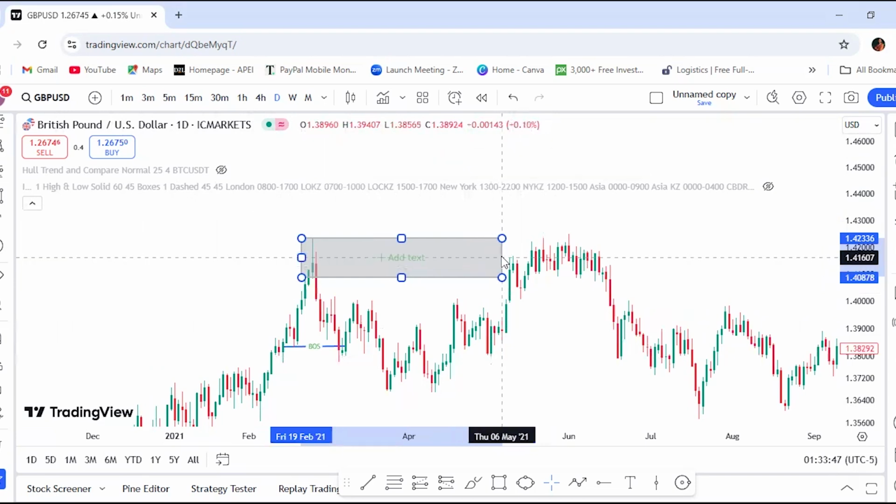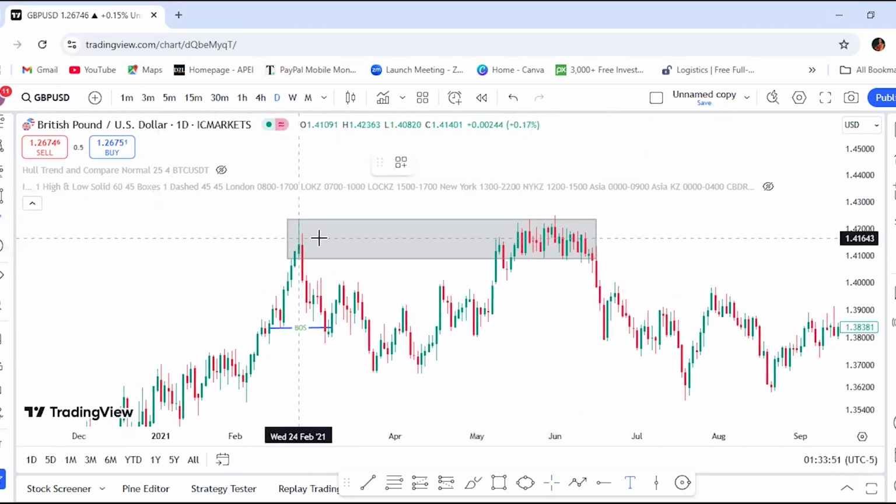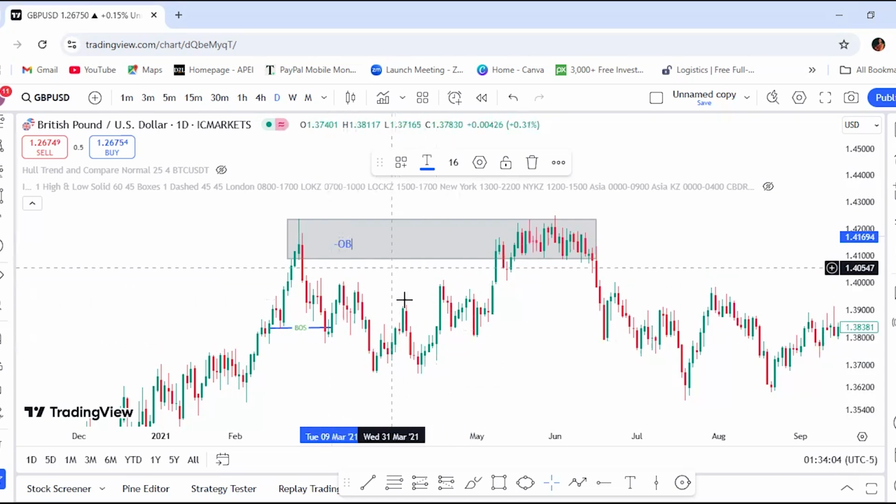This is what we are going to call our bearish order block. Bearish order block, which you can usually label as minus OB, meaning bearish order block, right?